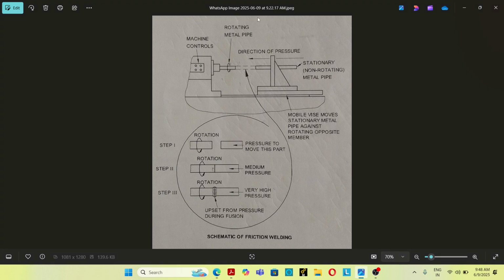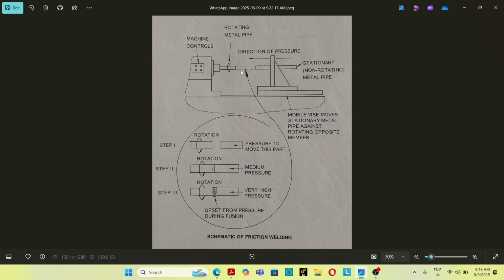This is a figure of the friction welding process. One piece will be rotating, another will remain stationary, and that stationary piece can be moved towards the rotating piece and away from it. Initially, the end of the stationary piece moves near the end of the rotating piece with light pressure.